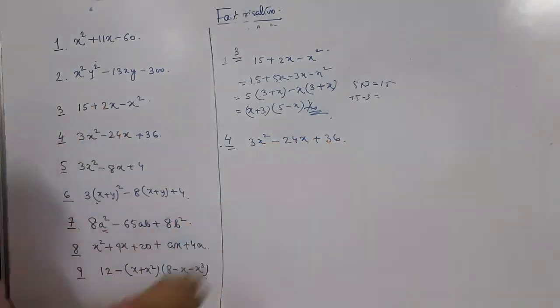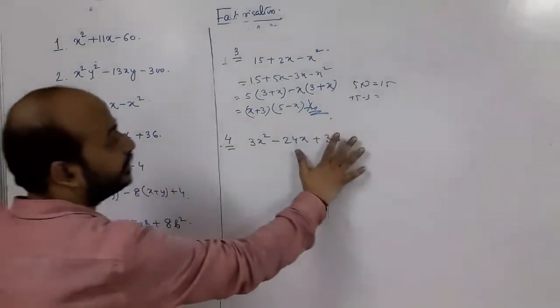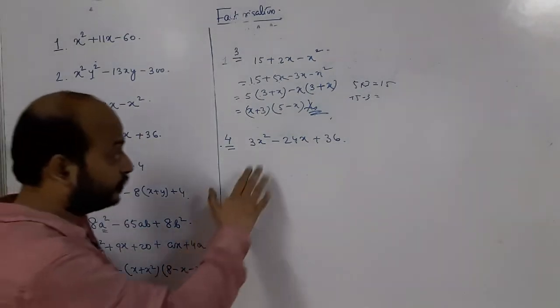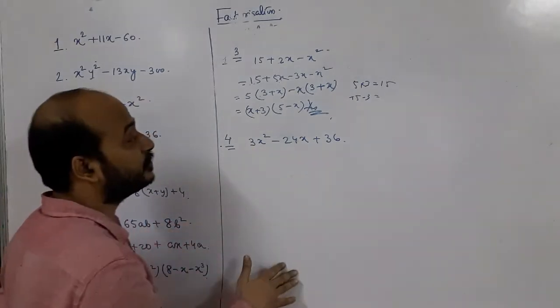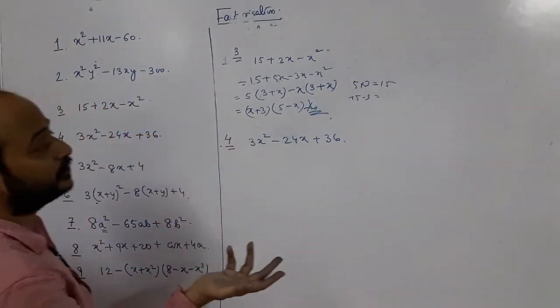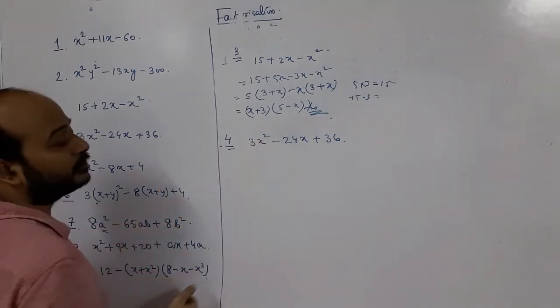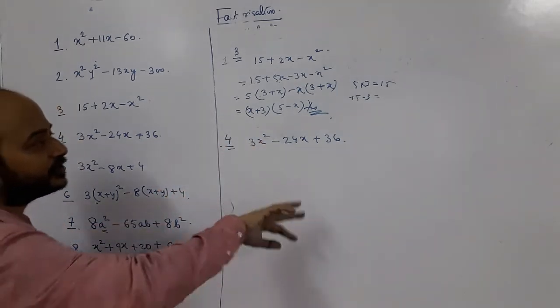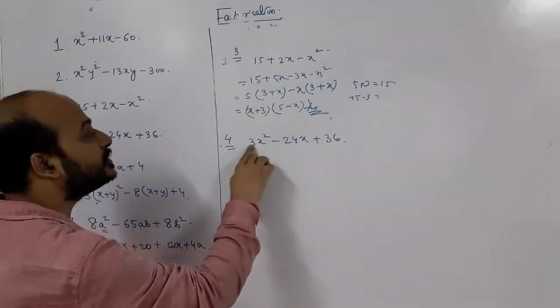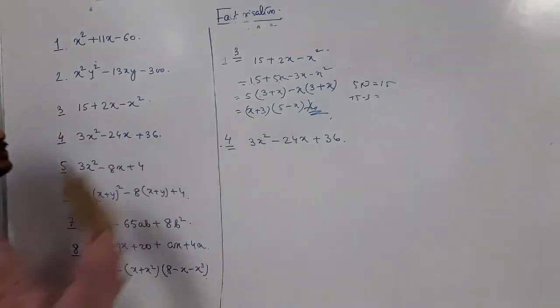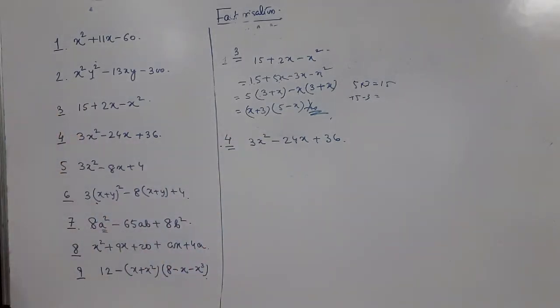Now this one. It is very important to observe the question carefully in factorization. I have told you previously also. Many of you make this mistake, that in this sum you will first try to multiply 36 into 108 and then break that 108 into 24. But you have missed one thing I have told you before.